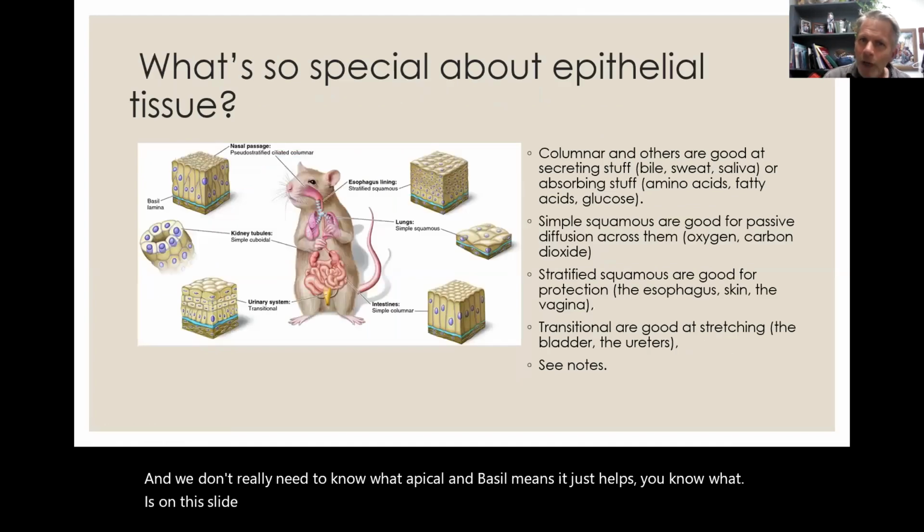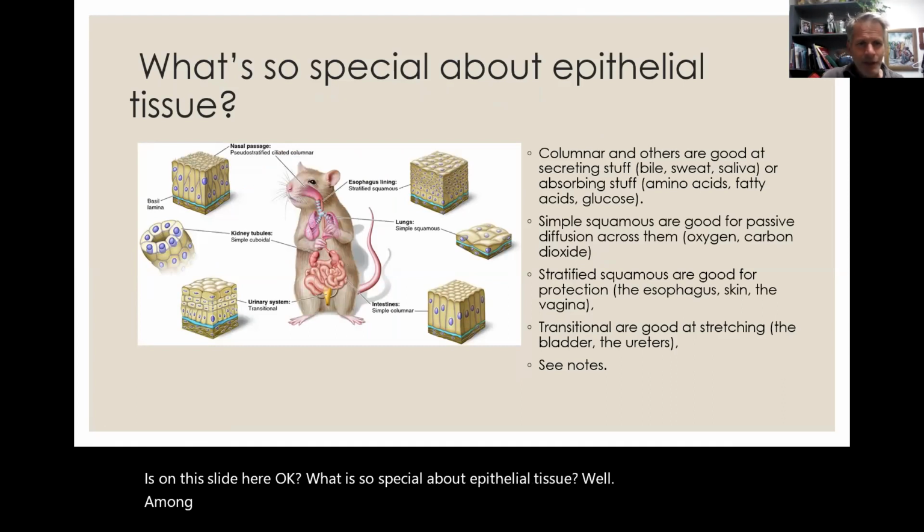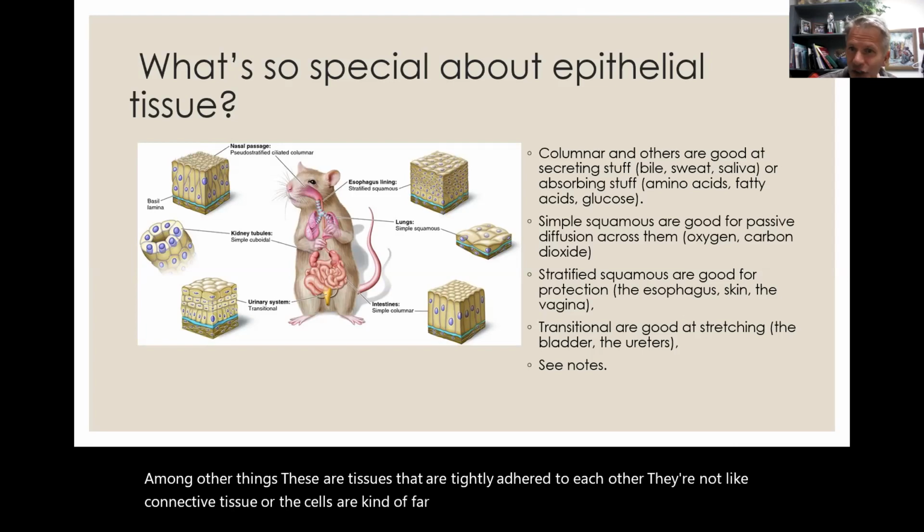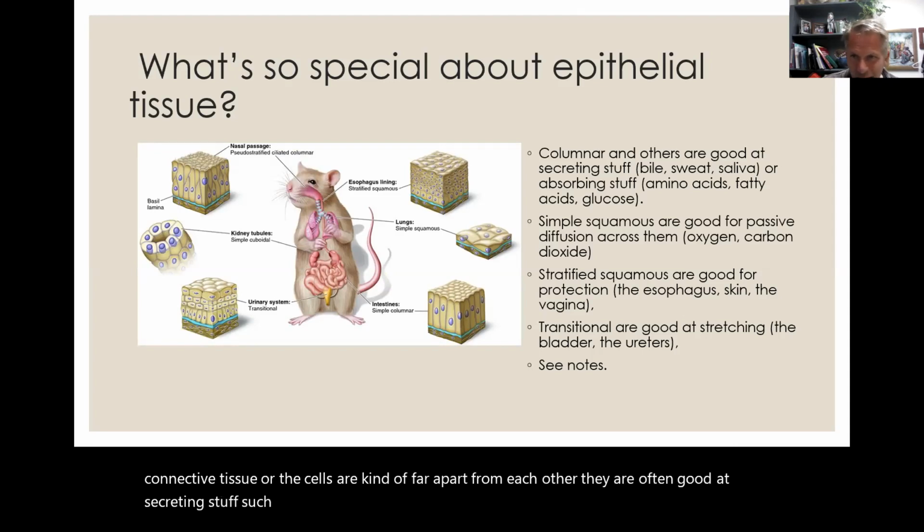So what is so special about epithelial tissue? Among other things, these are tissues that are tightly adhered to each other. They're not like connective tissue where the cells are kind of far apart. They're often good at secreting stuff such as bile and sweat, and some of the glands you'll learn about today. They're very good at absorbing stuff.